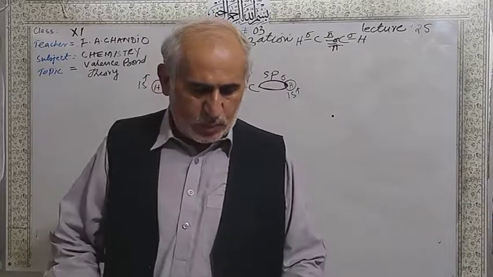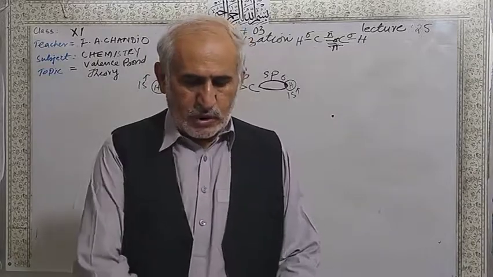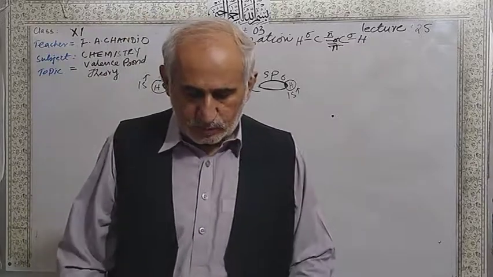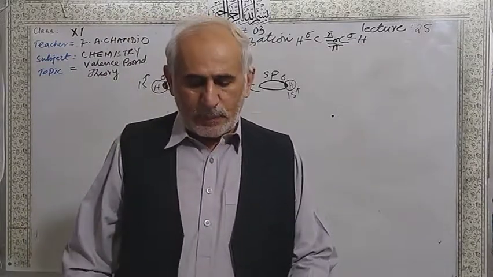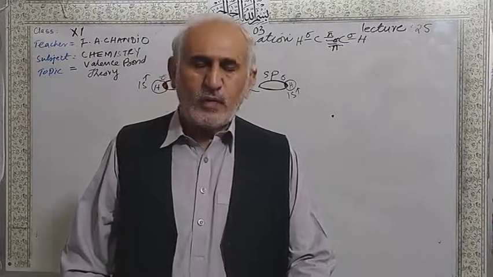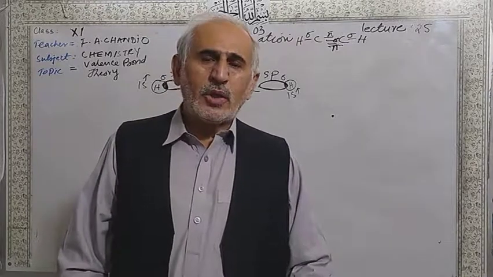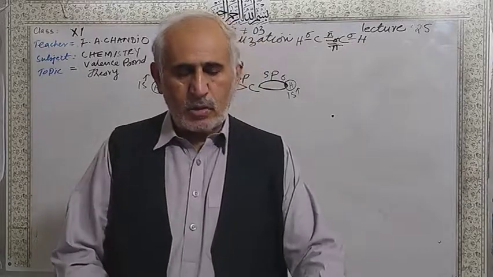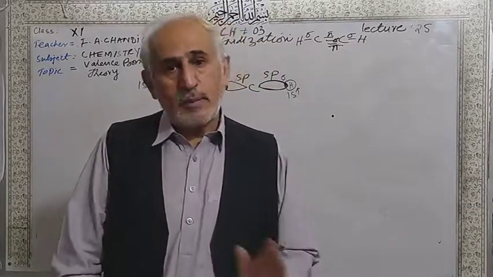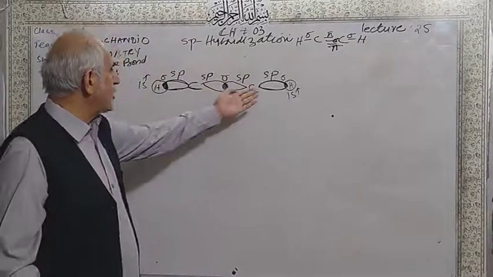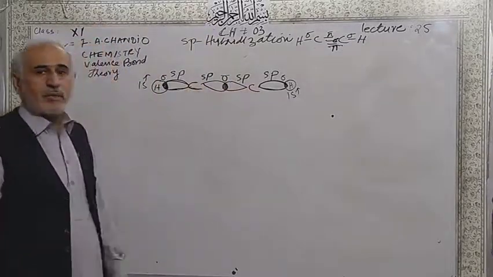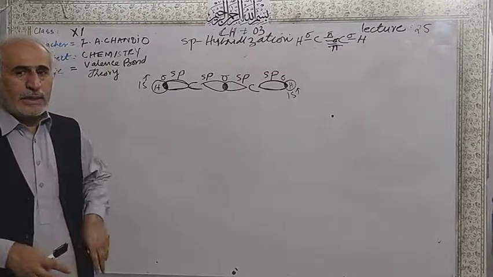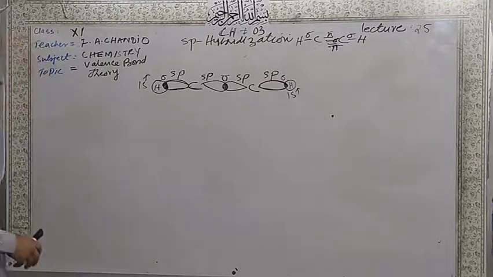If you see your book, there is a drum shape here for the 2 pi bonds and 1 sigma bond, and carbon also has 1 sigma bond in between, and a carbon-hydrogen sigma bond on each side. So the structure is linear.